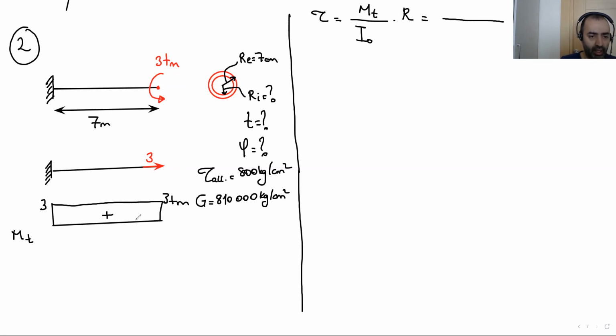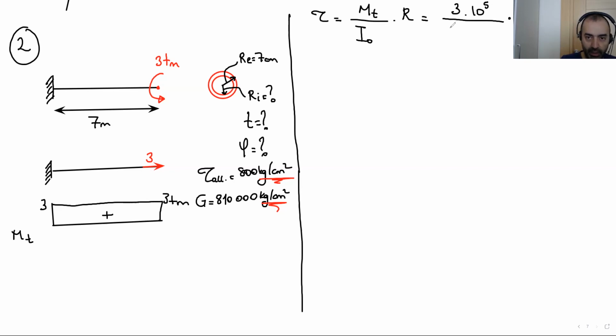All the given information, for example the allowable stress and G, the shear modulus, is in kilogram centimeter. That's why we have to convert ton-meter to kilogram centimeter. 3 times 10 to the power 5 is kilogram centimeter. And here we have radius 7 centimeter. I0.